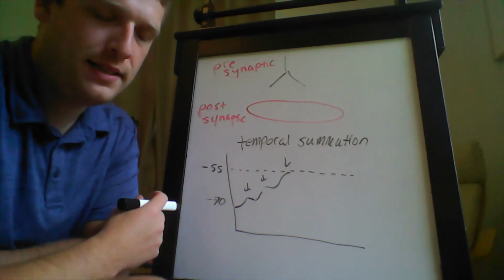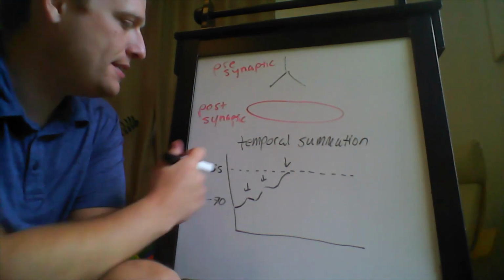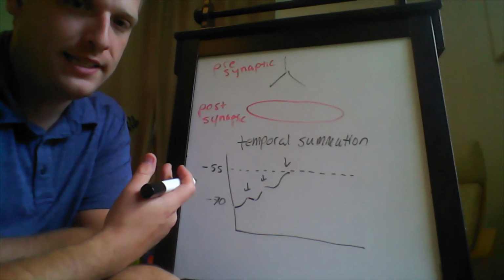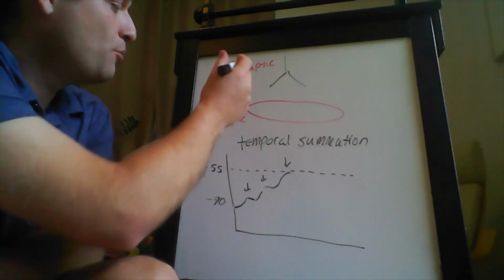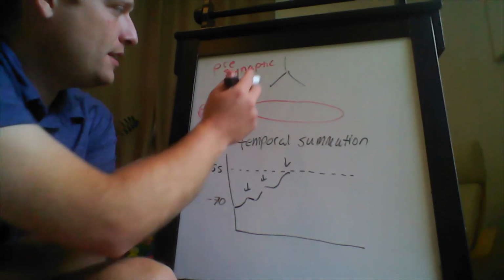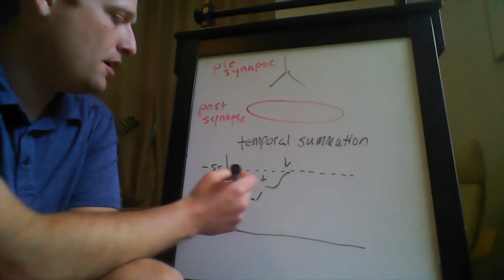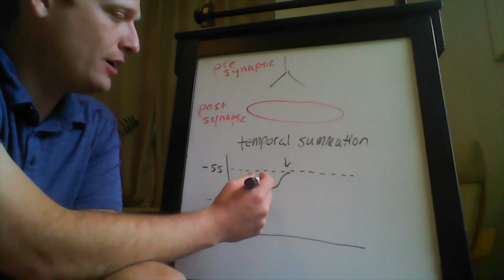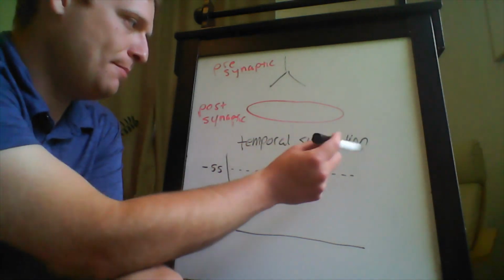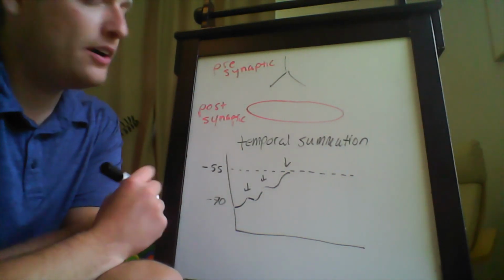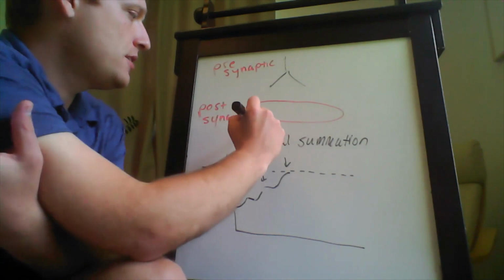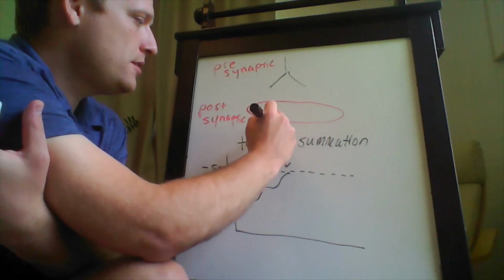So temporal means time. It means this summation is related to the frequency of stimulus. So the more frequently this neuron is sending an excitatory signal, those stimuli are going to add up on one another in what's called temporal summation. Now the other type of summation is called spatial summation.